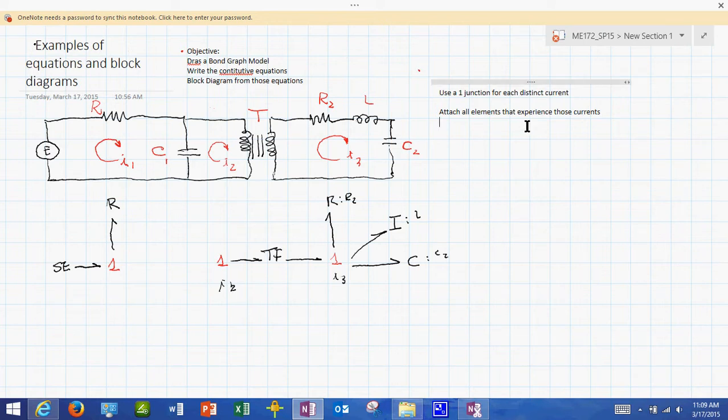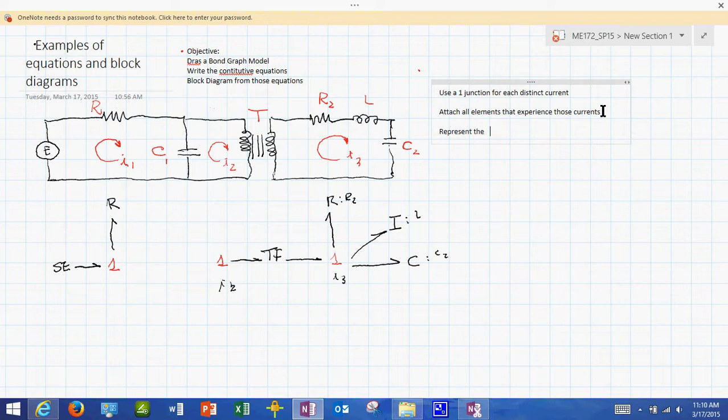So what's our next step? Step number 3 would be to represent the difference in currents with zero junctions.